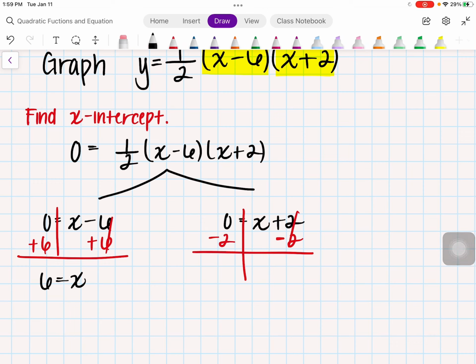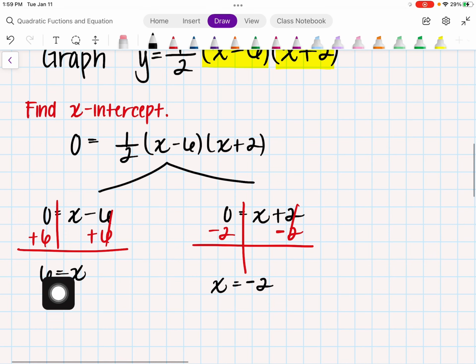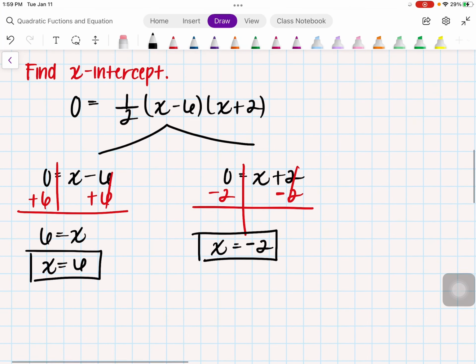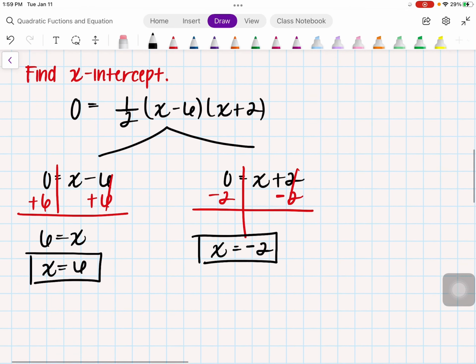Subtract the 2, which is do the opposite. That would give me x is equal to negative 2, or negative 2 equals x. It's the same thing, you're just switching the order there.